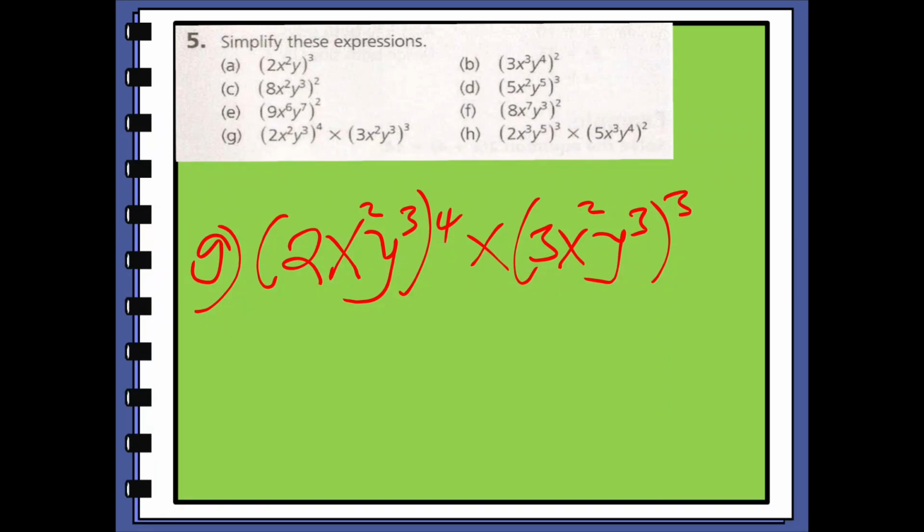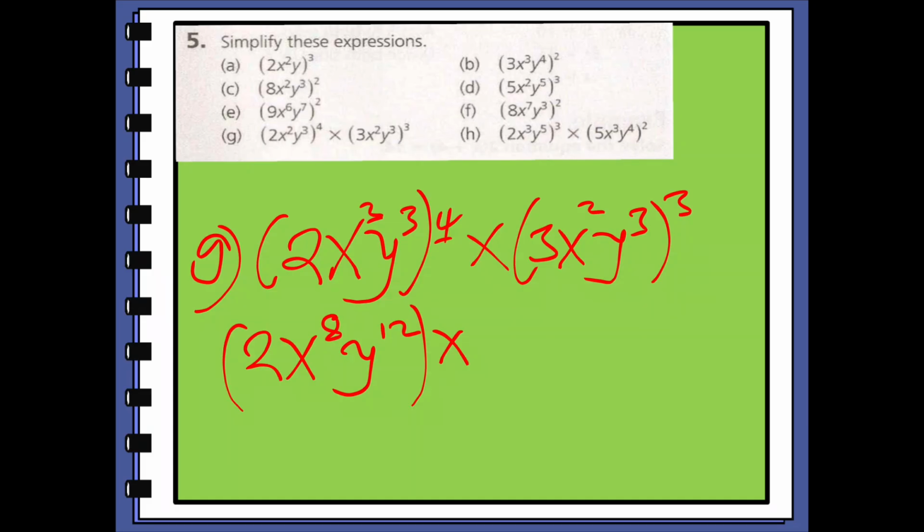So first of all, let's remove from the brackets. Here we've got a 4, so for 2x, this x has a power 2, so 2 times 4, that should be 8. Then the y has got power 3, 3 times 4, that should be 12.